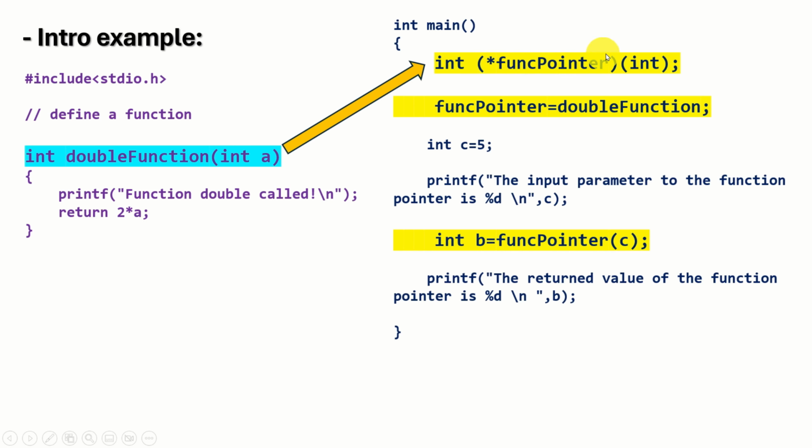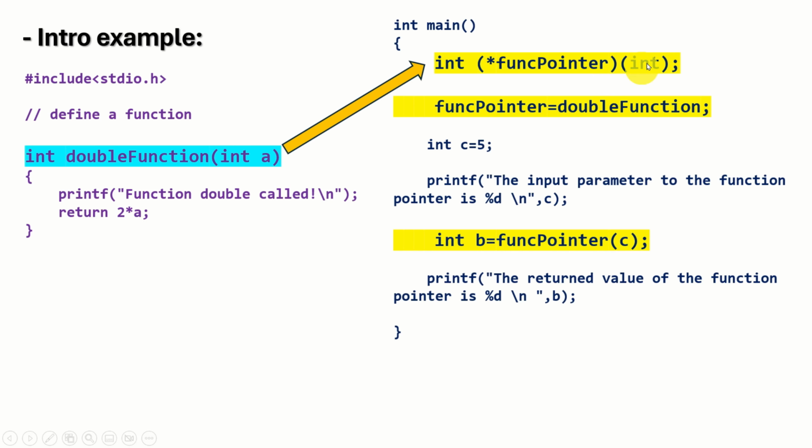We use these parentheses for a very good reason. If you don't use this parenthesis, then the compiler will think that you're actually declaring a function or something similar to function, that returns a pointer to the integer. So be careful. When you see something like this, it is actually a function pointer.